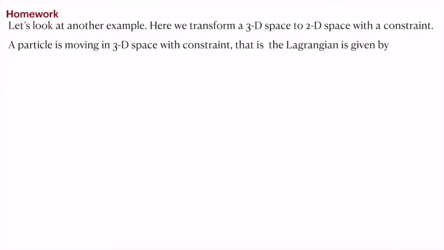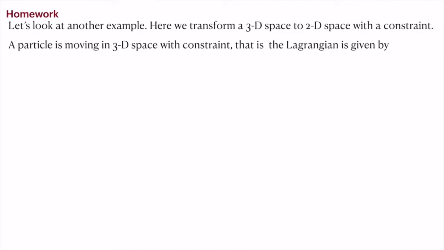Here we transform a 3D space to a 2D space with a constraint. Earlier, I said that the transformation needs to be one-to-one. That means you cannot have a projection or dimensionality change. However, here we can do this by an interesting trick which you might be familiar with from the Lagrangian system, that is called the constraint.